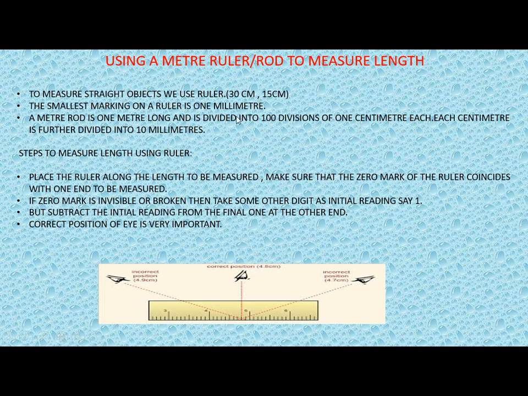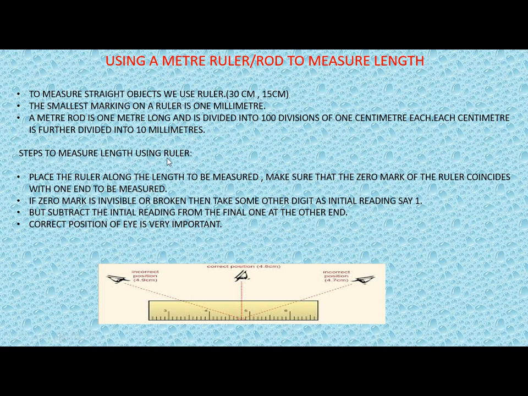A meter rod is 1 meter long and is divided into 100 divisions of 1 centimeter each, and each centimeter is further divided into 10 millimeters. A meter rod is longer than the normal scale which we use in our home, and you must have seen this meter rod being used in shops by tailors.